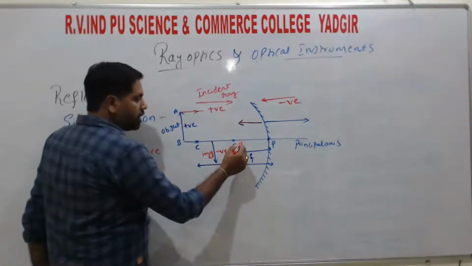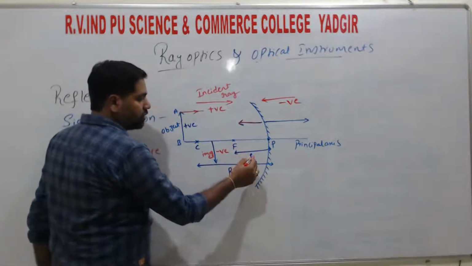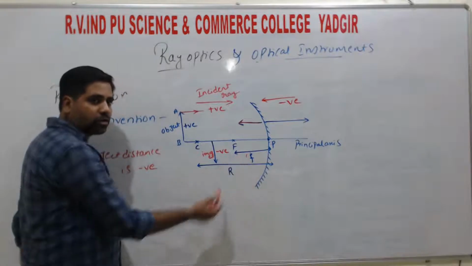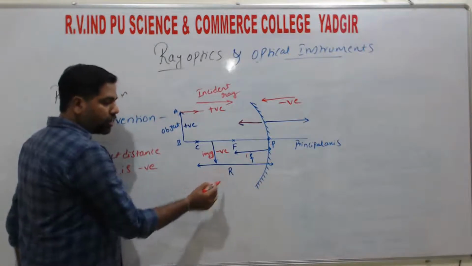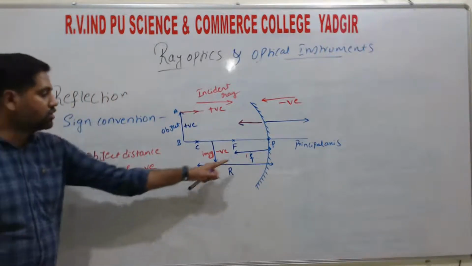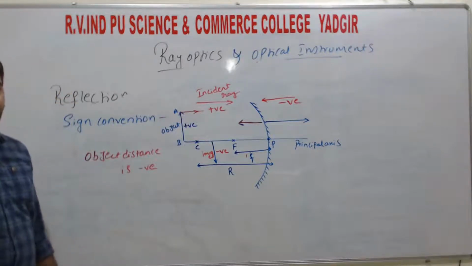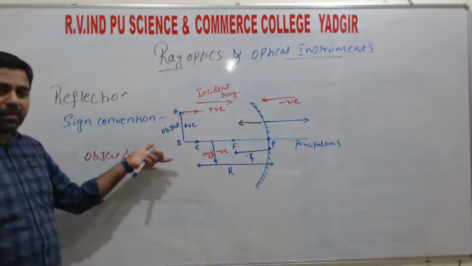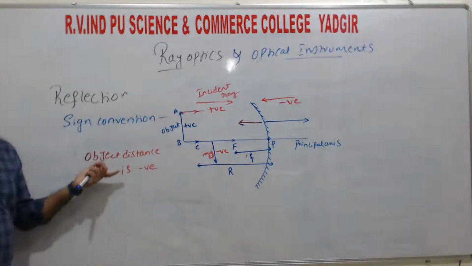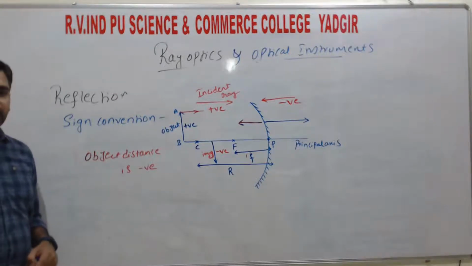In a similar manner, if you measure the focal length, that should also be negative. The radius of curvature is also negative because these are opposite to the direction of the incident ray, right? So this is helpful in the derivation and in solving problems.